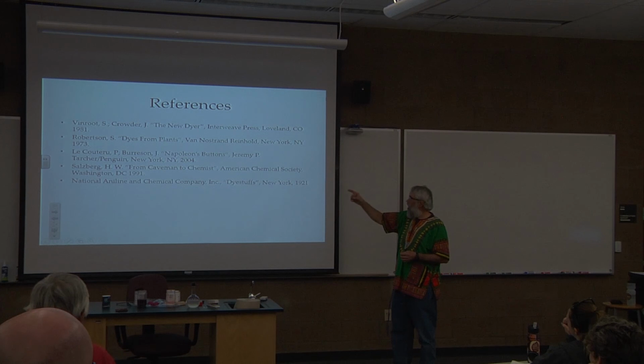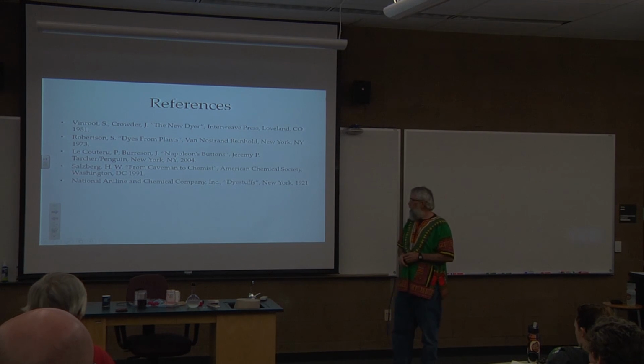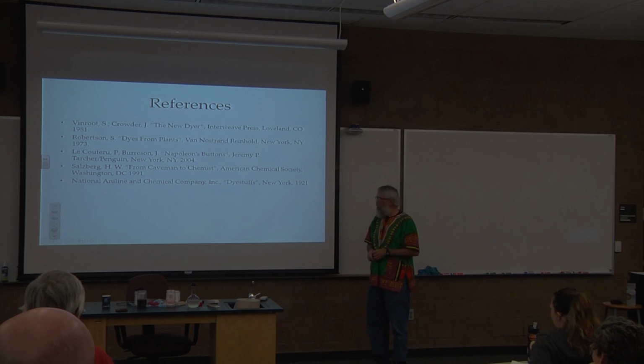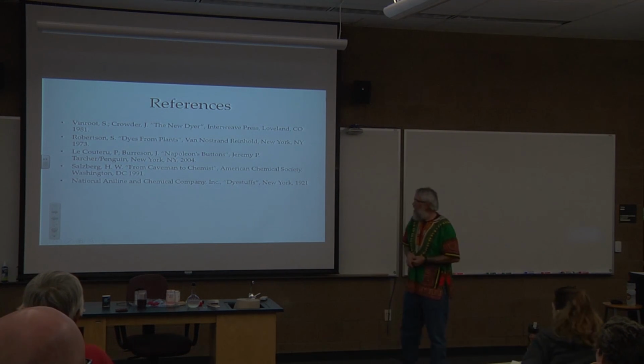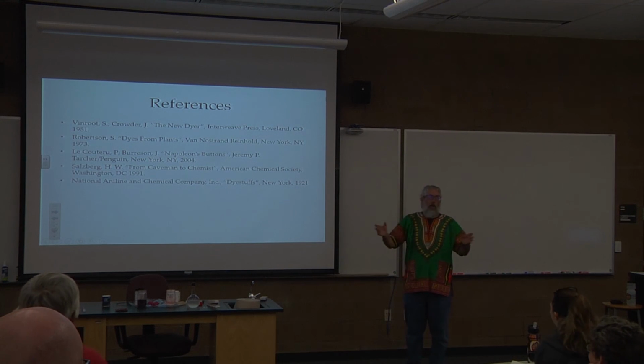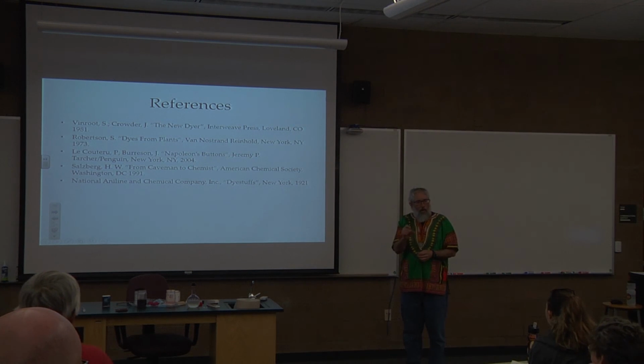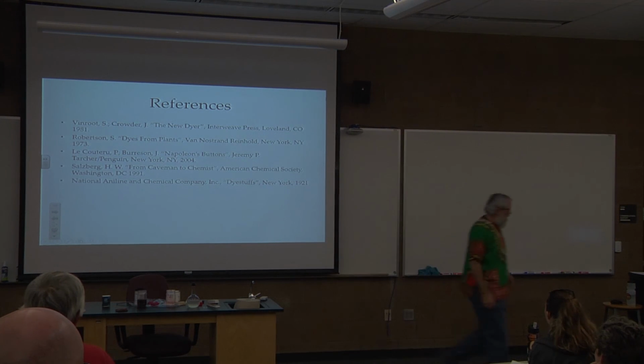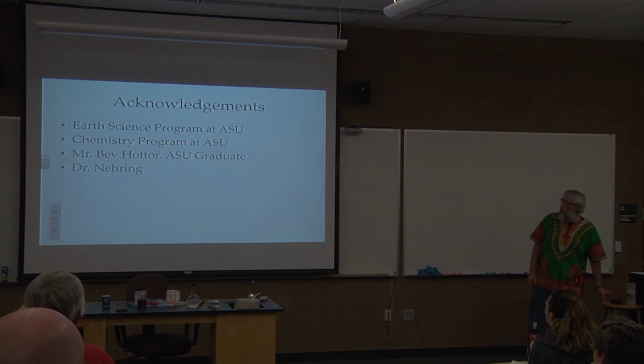And then a couple of other books that are of more chemical nature. And then a really interesting little pamphlet from 1921, the National Aniline and Chemical Company Incorporated, which no longer exists, wrote a little trade pamphlet on dye stuffs. And this one you have to access through the internet. We do not have that at the library.